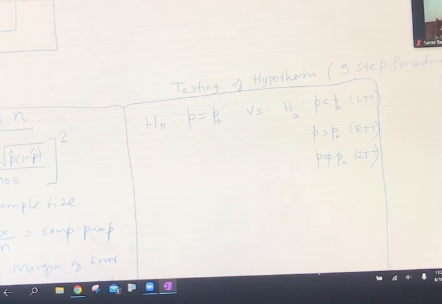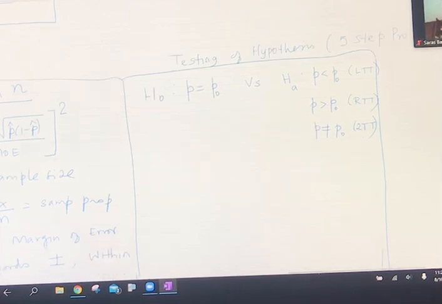So you are going to look for proof or evidence to say whether the statement on p is good to go or it's going to be rejected. So we are looking for sufficient evidence to accept the statement on p or reject the statement on p. So that's going to be the goal of testing the hypothesis.